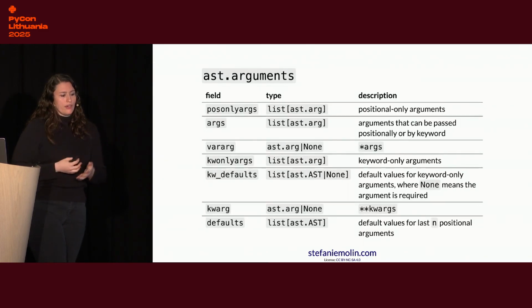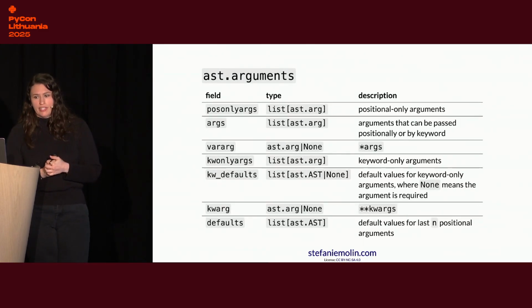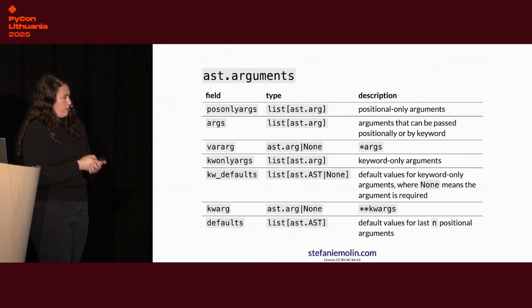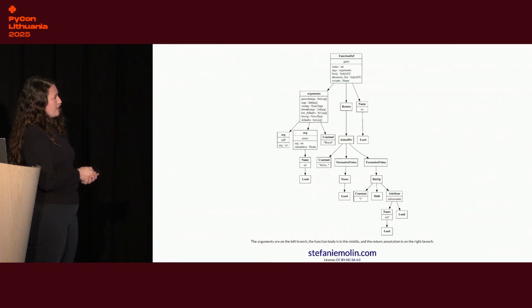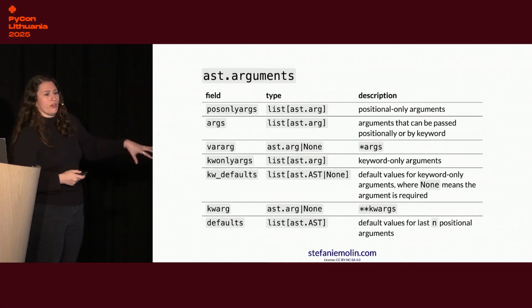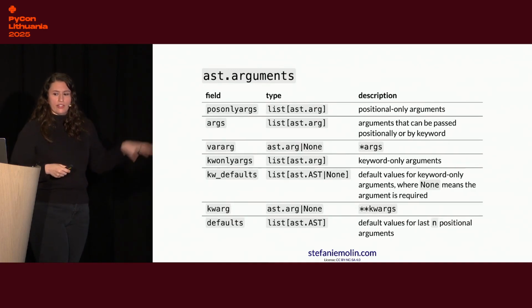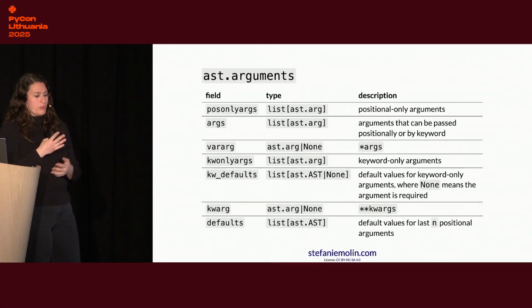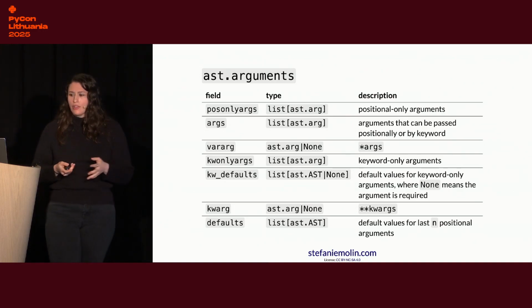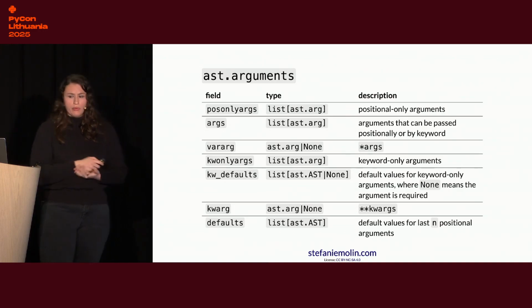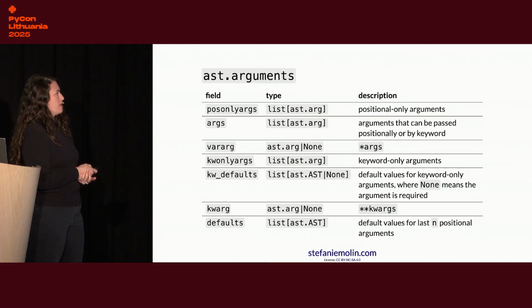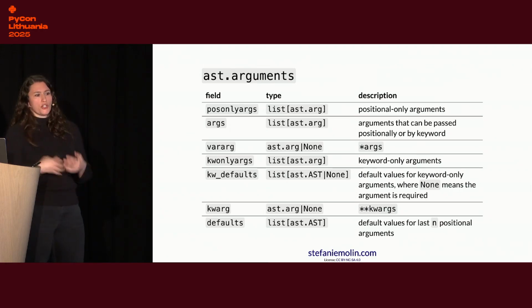So first thing we're going to tackle are the arguments themselves. So if we look here, you see that there's this AST arguments node, and it has all these values. And that's what all these values represent here. And so we have multiple types of arguments that we can specify in a signature. So the first type, which is being represented by the field pos_only_args, are positional-only arguments.